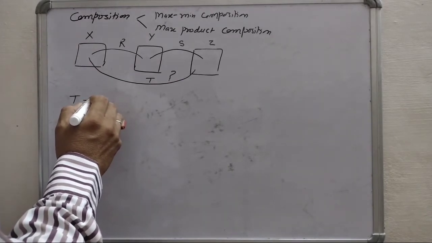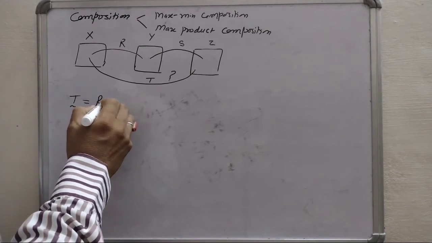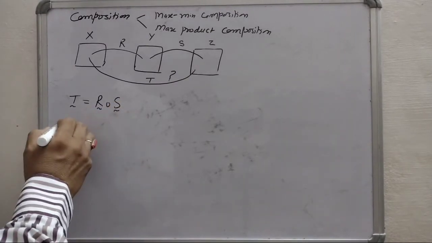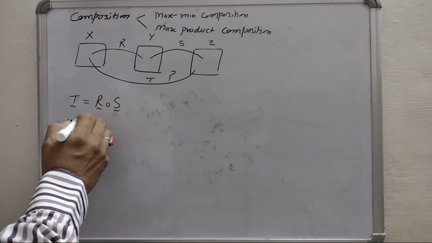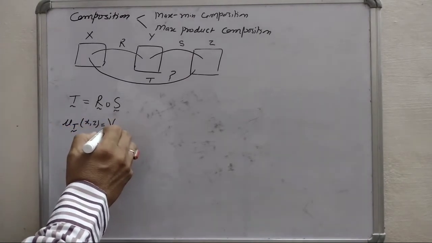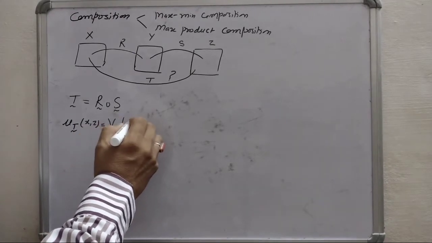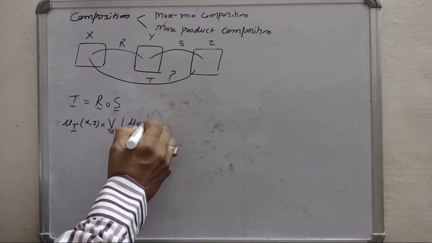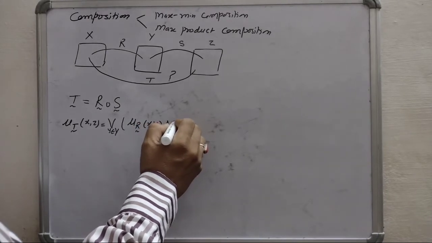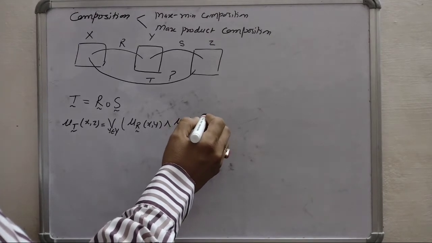For T you can write this as the max-min composition, and the formula is mu T between X and Z equals the max operator over y belonging to Y, of mu R between X and Y, min operator, then mu S between Y and Z.